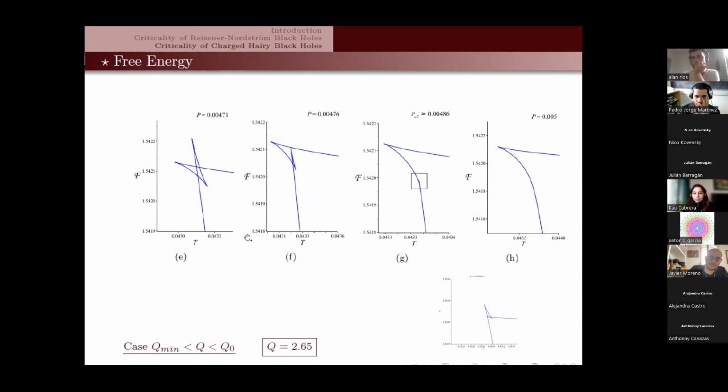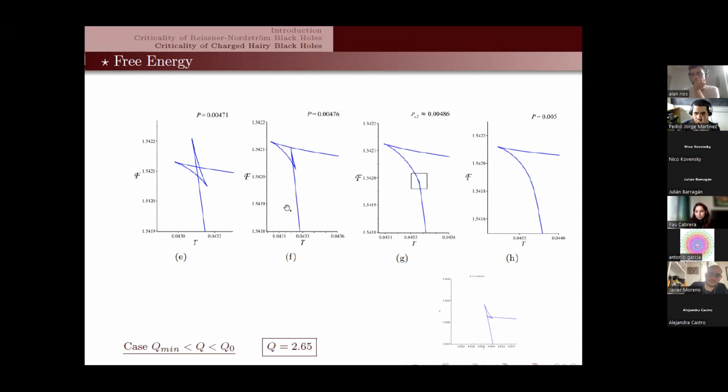Increasing P a little bit more, the normal swallowtail goes down until it intersects the top of F, and the inverted swallowtail disappears. Then the swallowtail gets smaller and smaller until it disappears at the second critical point here.